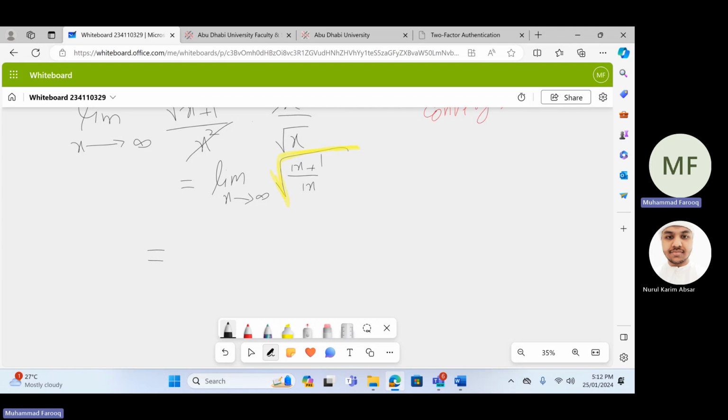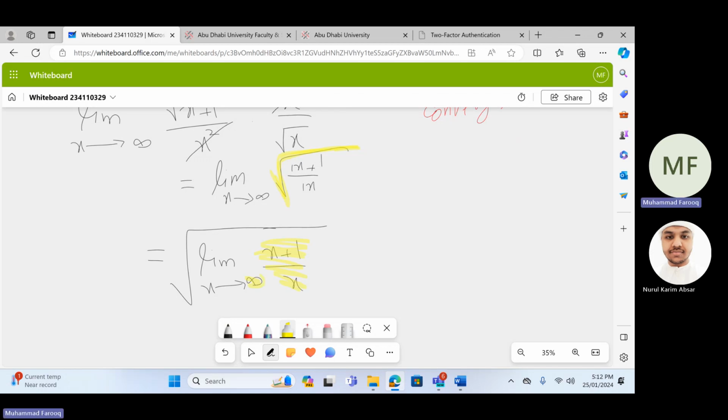So look at it, I move this limit inside the square root. Now I have the limit as x goes to infinity of x plus 1 divided by x. Now, how to get the limit of this?